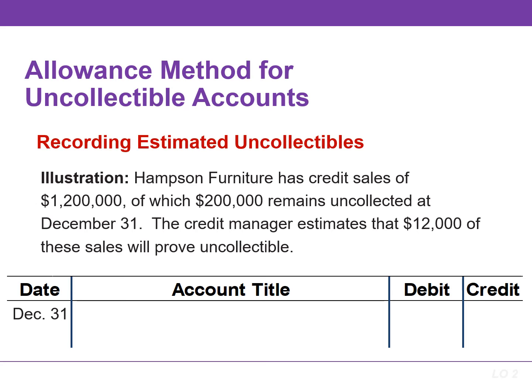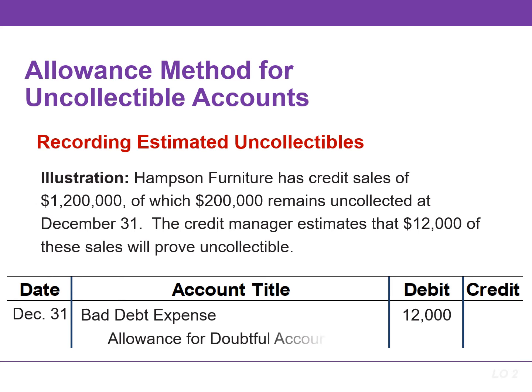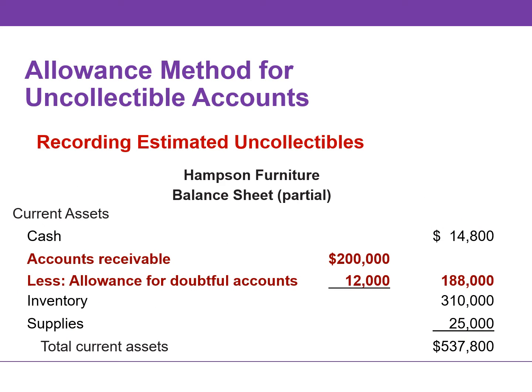The adjusting entry will increase or debit bad debt expense and increase or credit allowance for doubtful accounts in the amount of $12,000. Allowance for doubtful accounts is a contra account to accounts receivable. The difference between these two accounts is the net realizable value, or net receivables. This is the amount of cash the business expects to collect. It excludes amounts that the company estimates it will not collect.